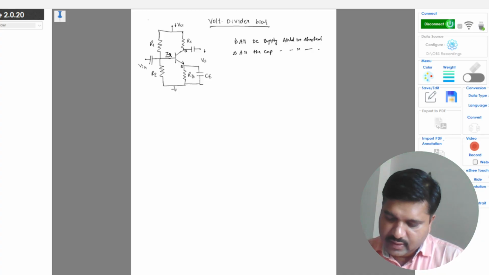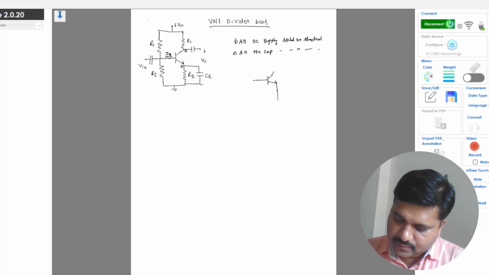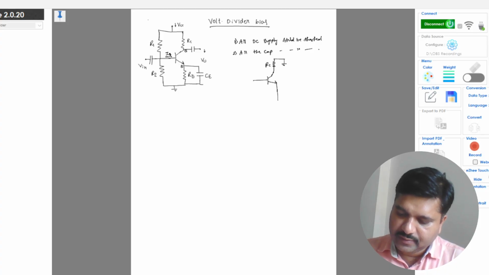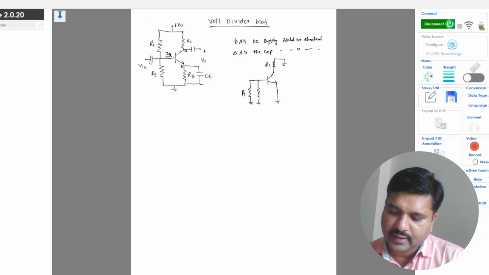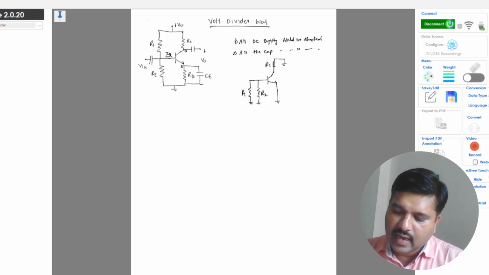So once you do this, the modified circuit will be, with capacitors shorted, this is RC and this is R1, this is R2. So we are left with only three resistances, R1, R2 and RC.